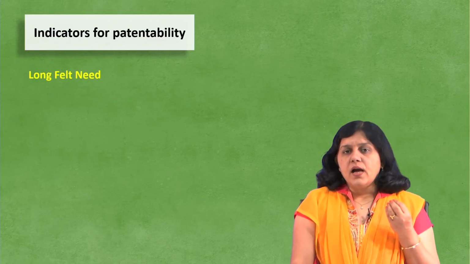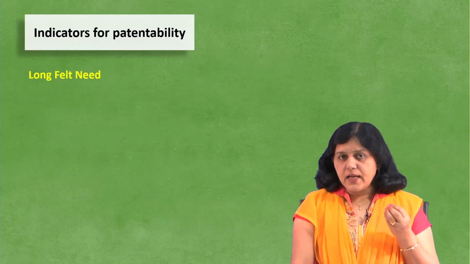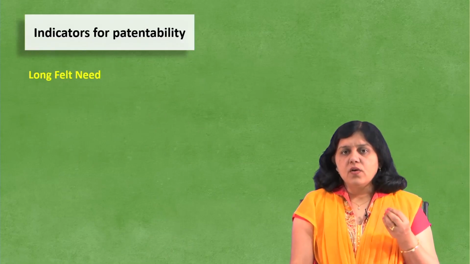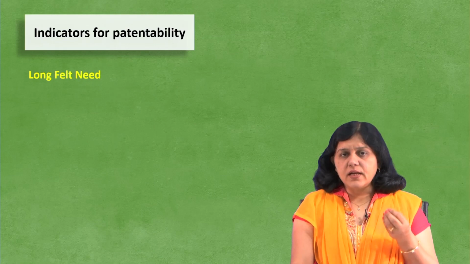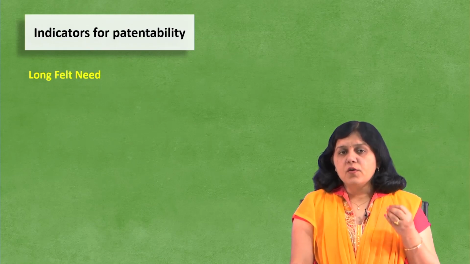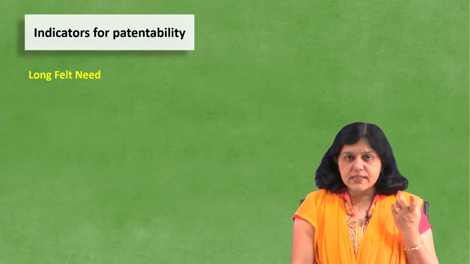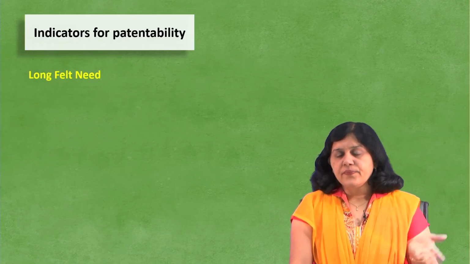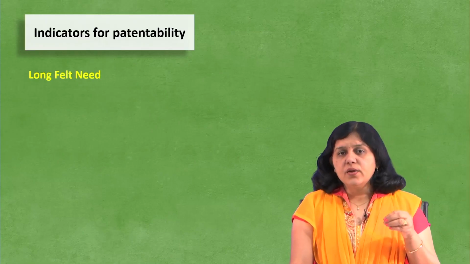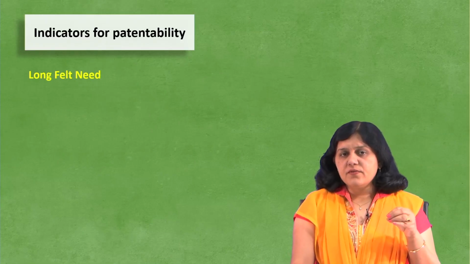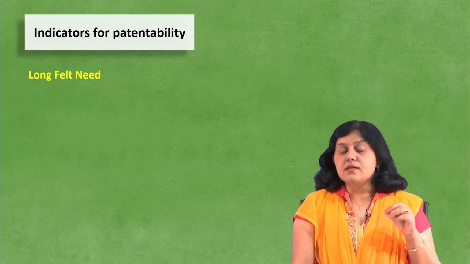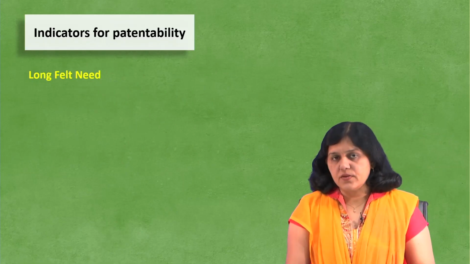Now, what Edison and his lab mates discovered was that they derived the filament from bamboo, and it lasted 1200 hours, from 13 and a half hours to 1200 hours. And today when we see the bulb in which the filament is made of tungsten, it lasts about 1500 hours.